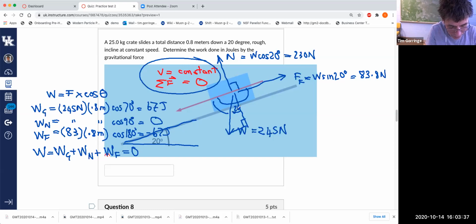The way I can see that is if I take the horizontal and rotate it by 90 degrees, I get this side. If I rotate this one by 90 degrees, I get the other side. And so this 20 degrees here is this 20 degrees here.